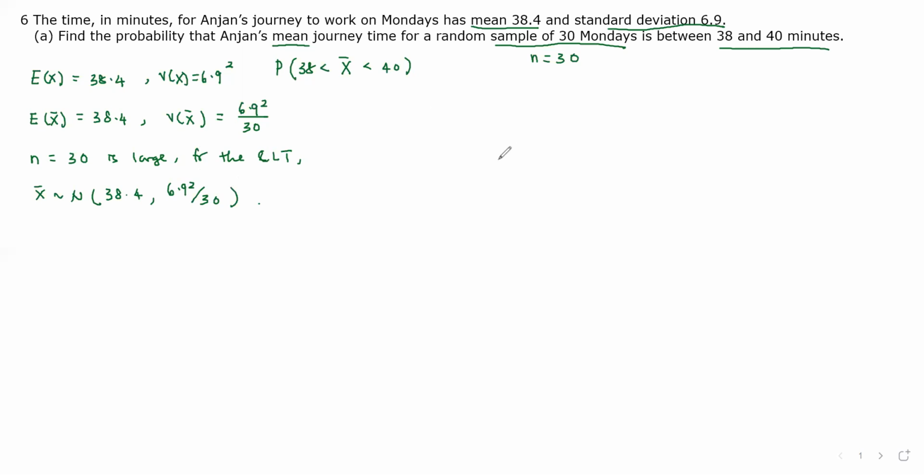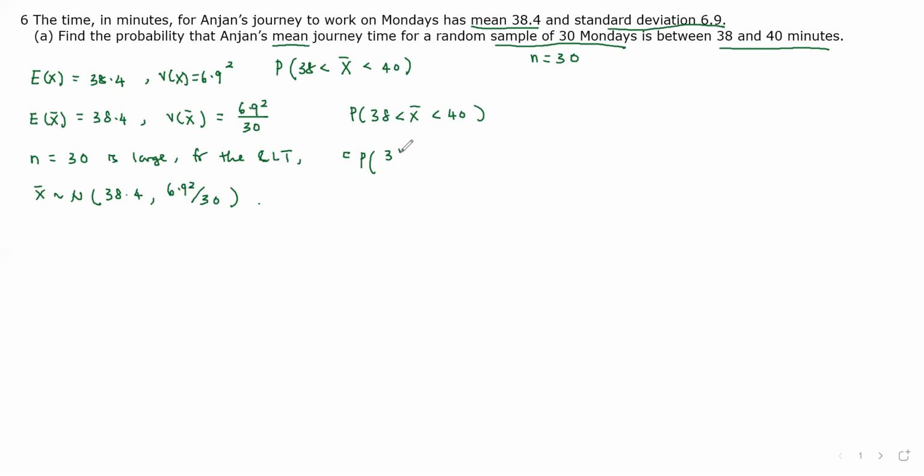Now to find the required probability, we find the probability that X bar is between 38 and 40. X bar is a general normal distribution, and we are given a standard normal table. We standardize this.